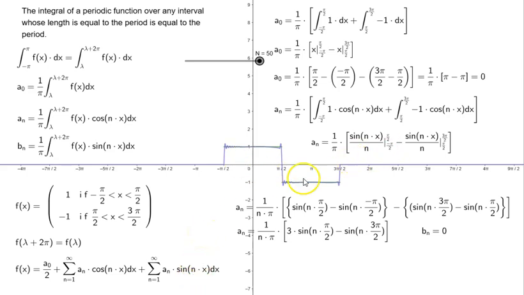So if we take it to infinity, it will match or it will converge with that. So that was Fourier series for an interval which is not centered at 0. It was from an arbitrary point to another point which is 2 pi away from it.